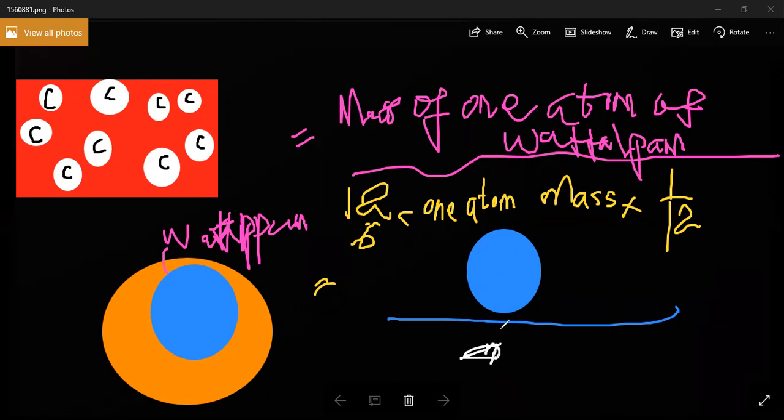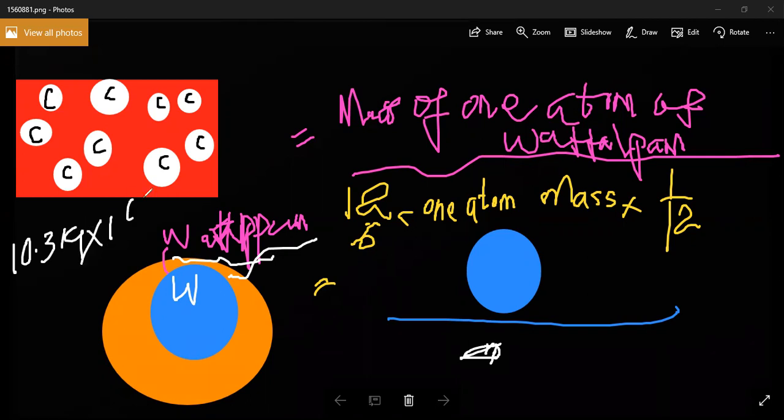And if you find the ratio between these numbers, you can get the relative atomic mass of Vattalapam. For example, if I say the mass of one atom of Vattalapam is, for example, 10.319 into 10 to the power minus 23 gram.